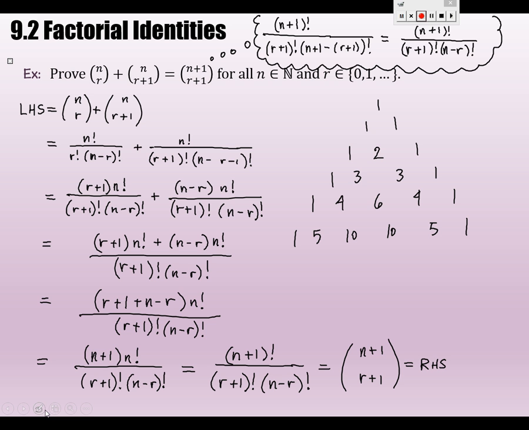All right, I want to make sure you see what we just proved here. So say n is 4, we're in row 4 of Pascal's triangle, then what did we just prove?